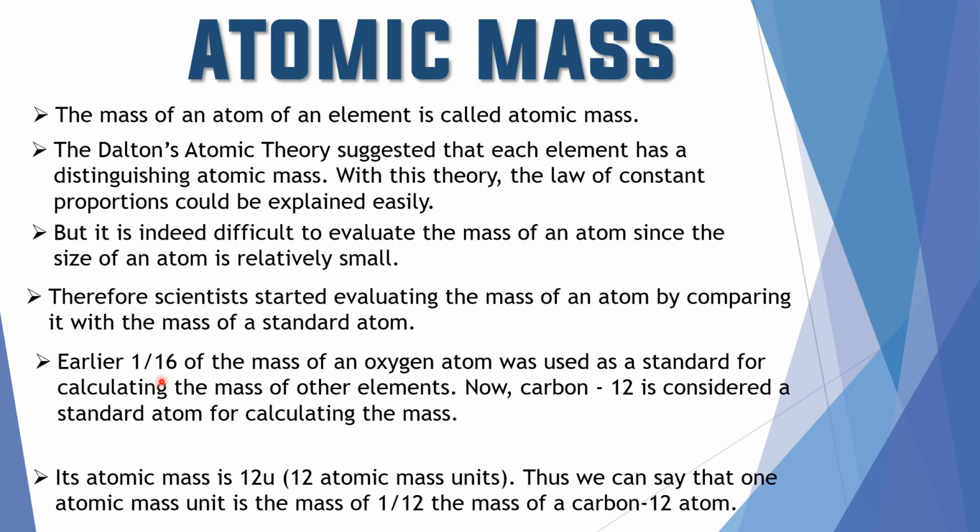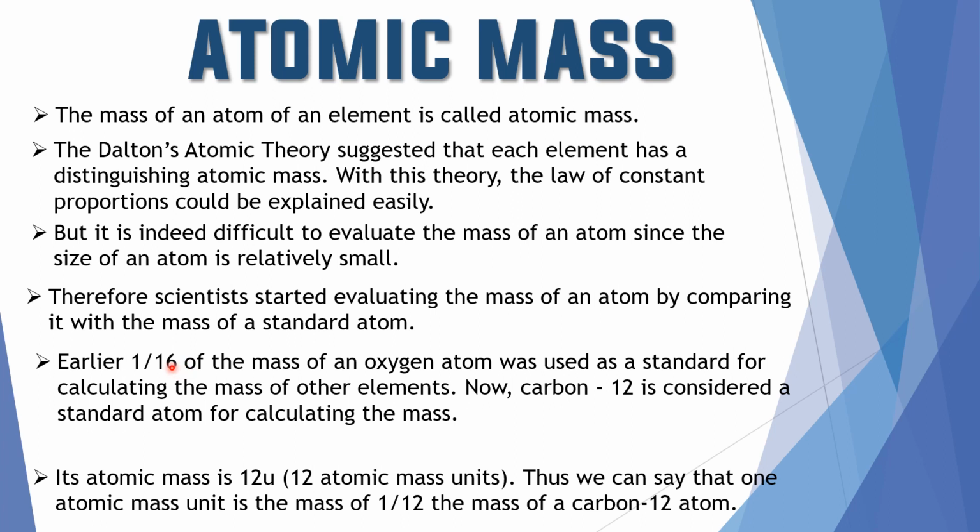Earlier, 1/16th of the mass of an oxygen atom was used as a standard for calculating the mass of other elements. The mass of one atom of oxygen is 16 u, which you will study later.